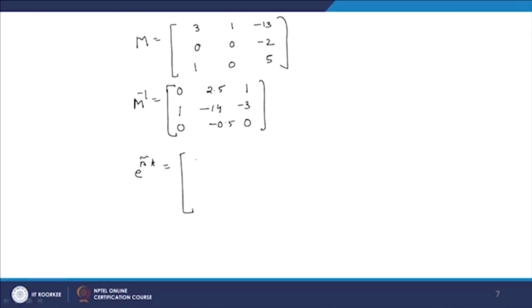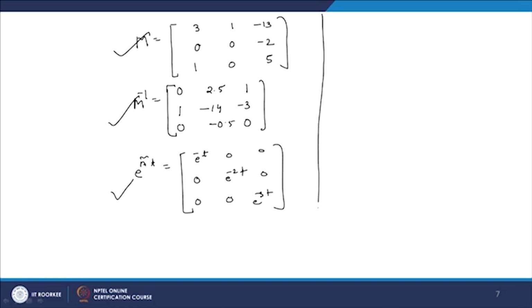So, here we can write e raised to minus t, e raised to minus 2t, e raised to minus 3t and the rest of the elements are zeros. So, we have got M, we have got M inverse, we have got e raised to A bar t, and what is the final stage? Your final state is e raised to A t, that is M e raised to A bar t into M inverse.